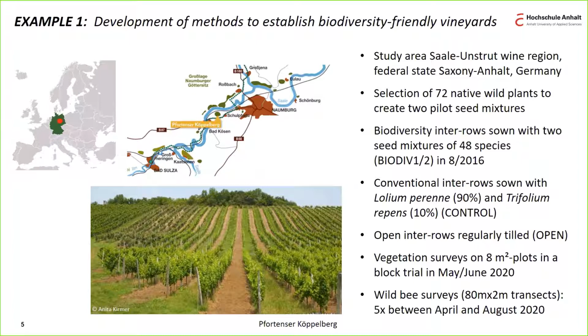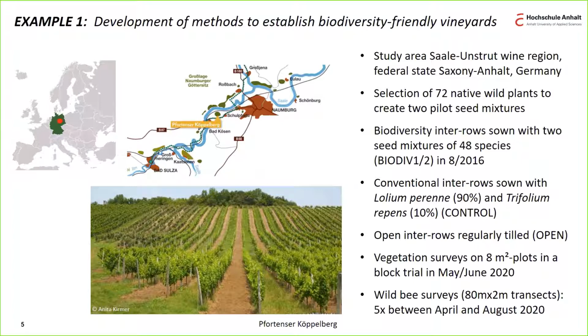For this purpose, we created 2 seed mixtures with 48 species each. In August 2016, we set up a block trial with 2 biodiversity variants, a conventionally sown variant, and an open interrow variant with 4 repetitions.